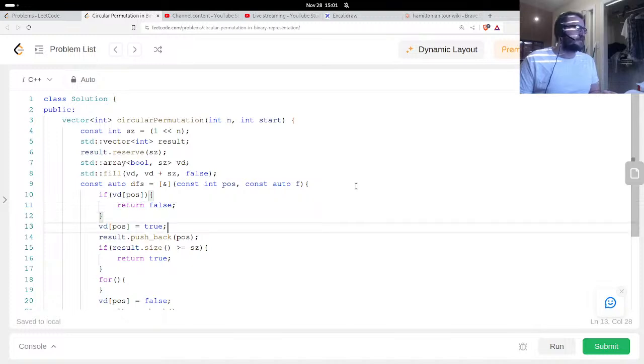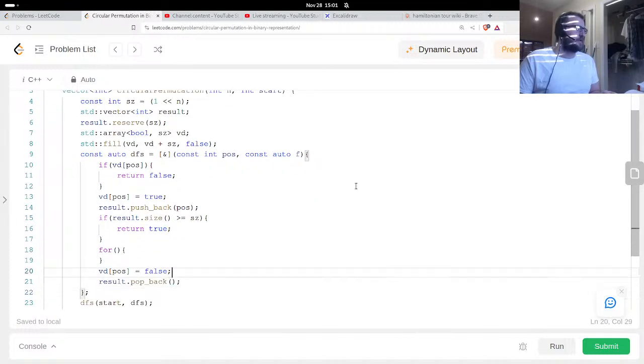Return false. Don't really have to return, we just return. I don't know if I need to show return or true or false or anything like that. I could just do return. And this is going to be for each bit. So int i is 0, or bit is 1.